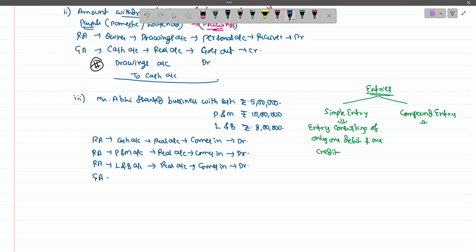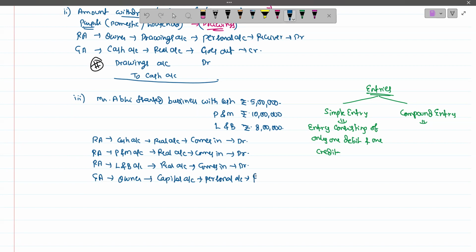And in the giving aspect, there is no giving aspect. In the absence of the giving aspect, we have to think about who is the giver. Here, who is the giver? The owner. The owner is represented with the word capital. Capital is a personal account. What is the rule for personal account? Debit the receiver, credit the giver.